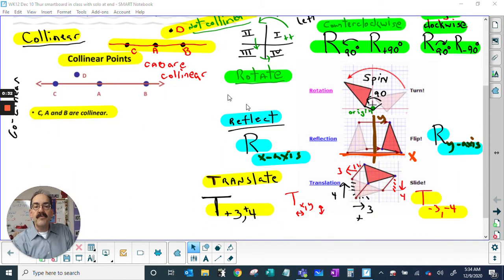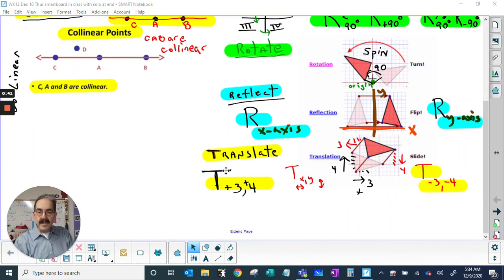To reflect, when we flip it over either the y-axis or the x-axis, a capital R, and to translate meant to slide left, right, slide up, down. We put a capital T with the amount in the x direction, the amount in the y direction.